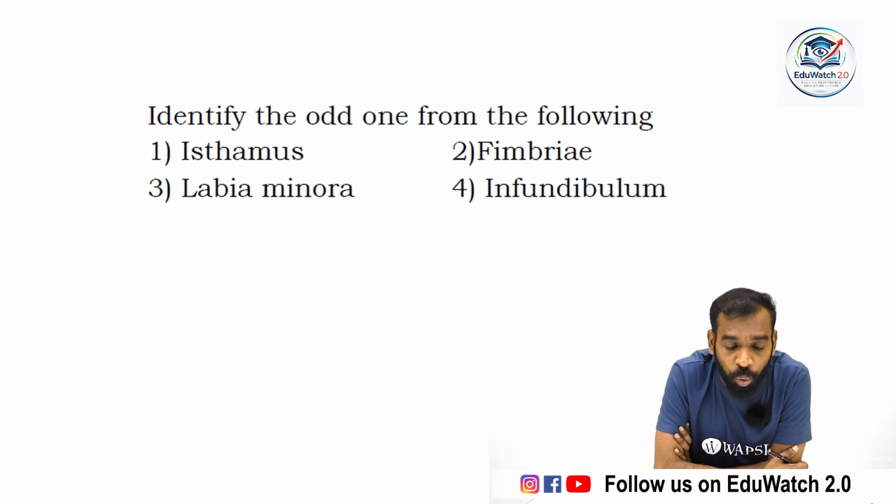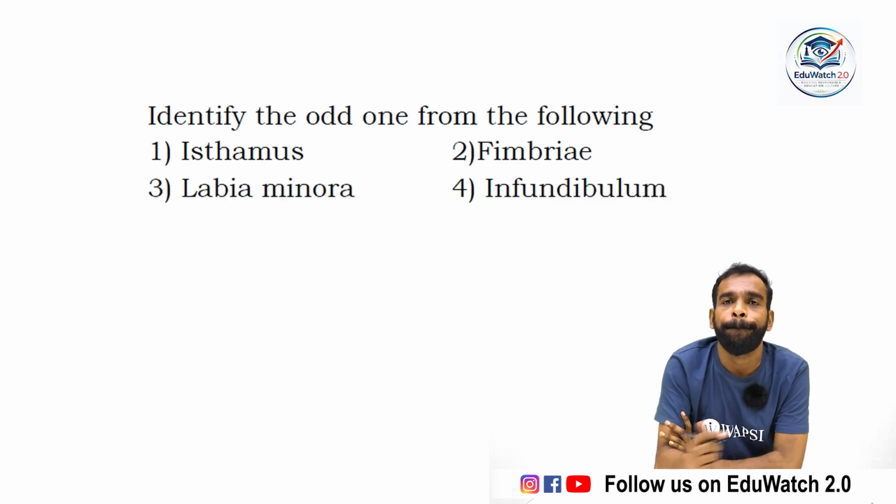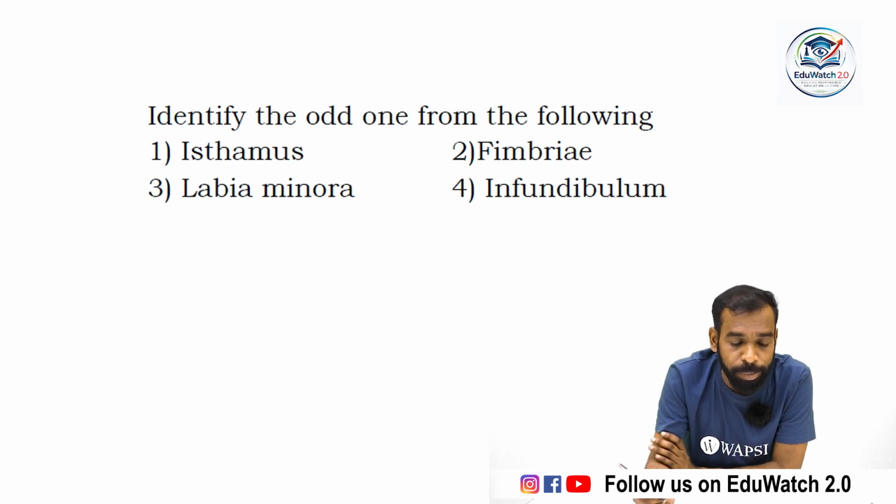Identify the odd one from the following. Option 1, isthmus. Option 2, fimbriae. Option 3, labia minora. Option 4, infundibulum. Please concentrate on the question.